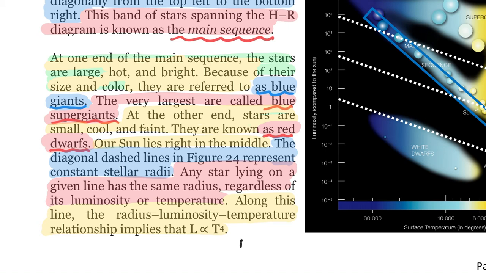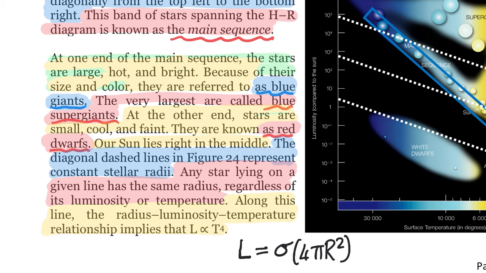So let's just expand on this. We know that the luminosity is equal to the Stefan-Boltzmann constant times the surface area of a star. Assuming that the stars are basically spherical, the surface area is 4 pi r squared for a sphere.